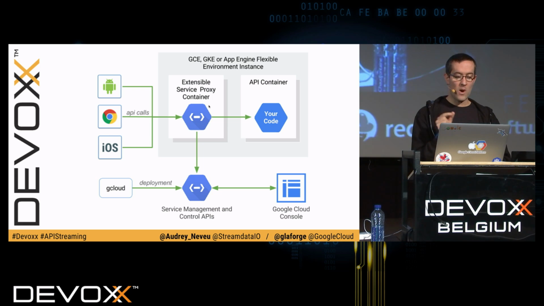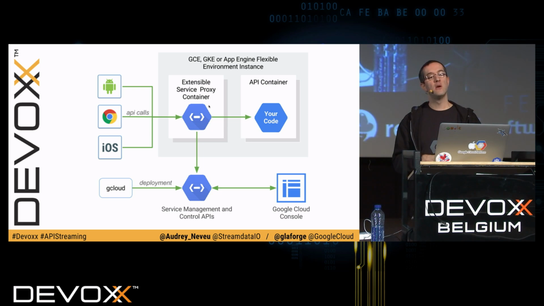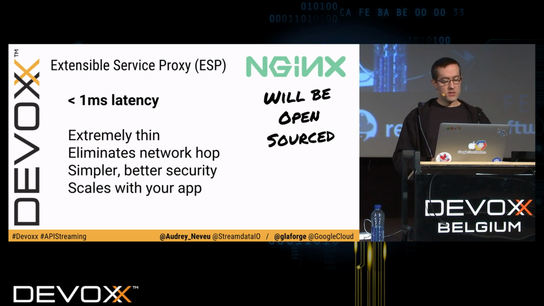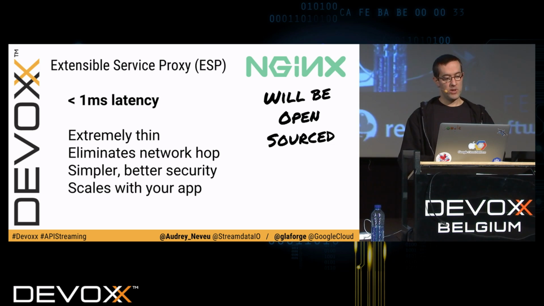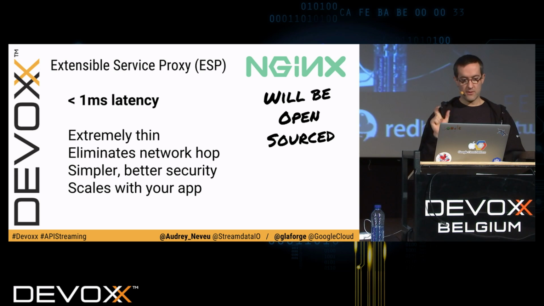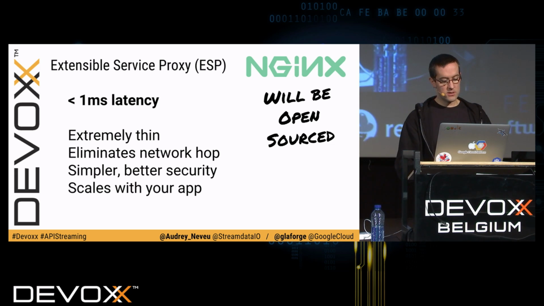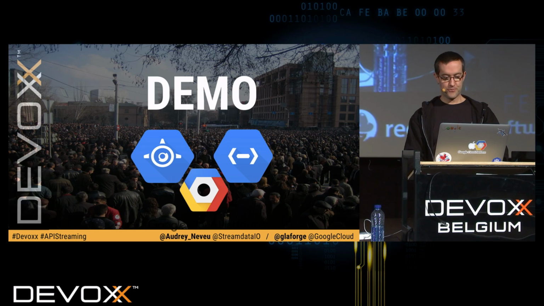So here you actually have one small lightweight proxy for your API, per instance of your API. So very low latency. This proxy is based on Nginx. It will actually be open source. So it's fairly thin, and the latency aspect is pretty important.